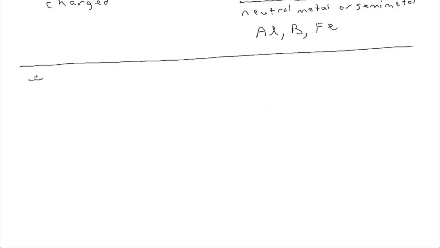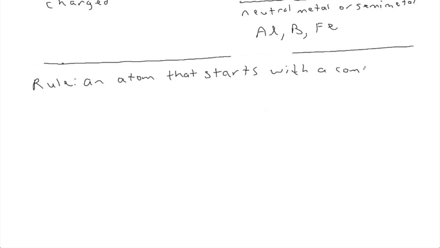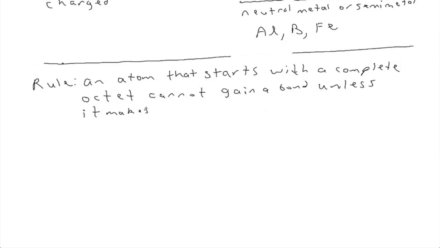Well, the rule, remember, is an atom that starts with a complete octet cannot gain a bond unless it makes room by simultaneously losing a bond.